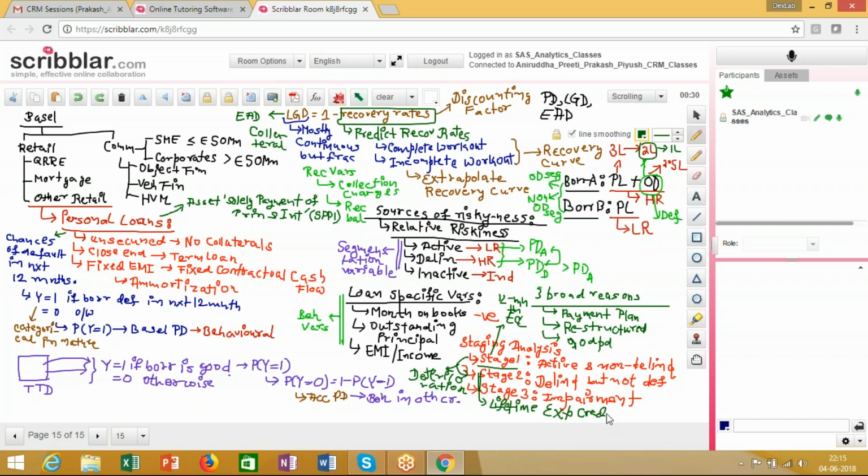Another important thing that we can see with IFRS 9 as a reporting standard is that it very granularly talks about the varying riskiness of the borrowers, right? Clear?